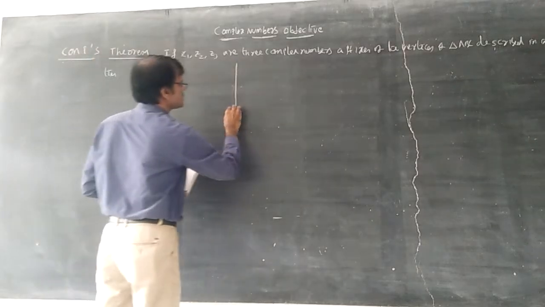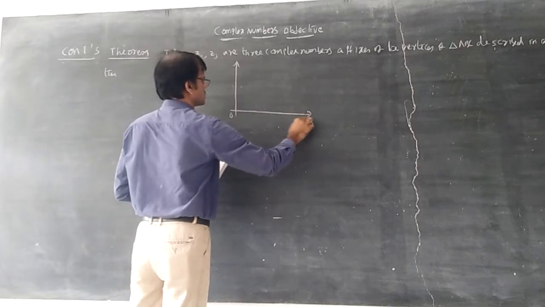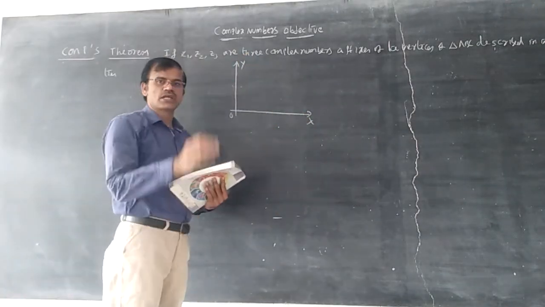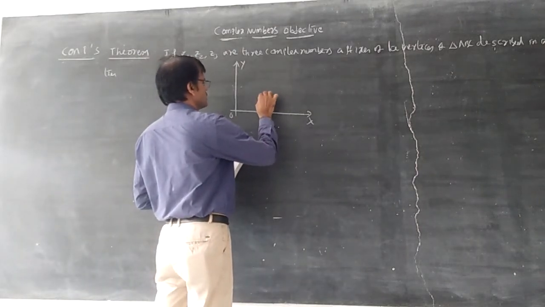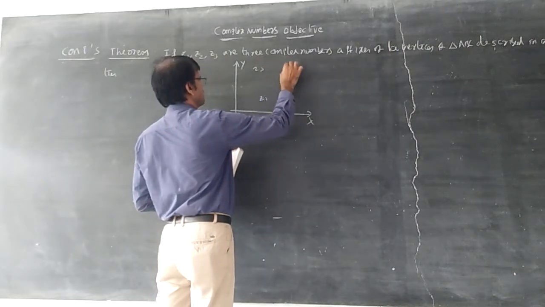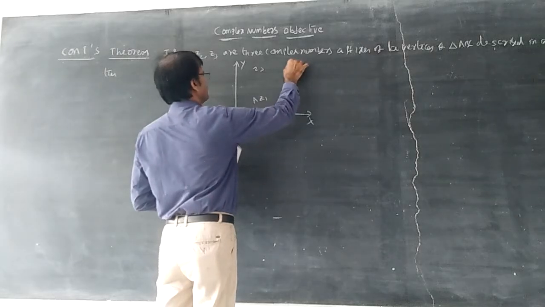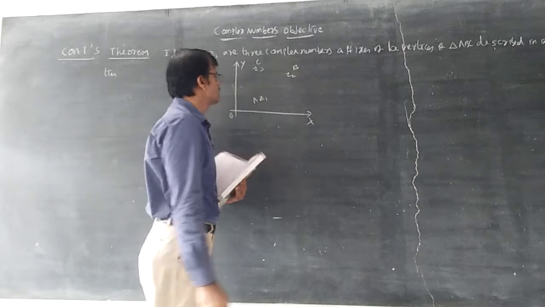Before writing the theorem, let us draw the diagram. This is O, this is X, this is Y. Take z1, z2, z3 in the complex plane. Write here z1, here z2, and here z3. A(z1), B(z2), C(z3) are the three complex numbers.